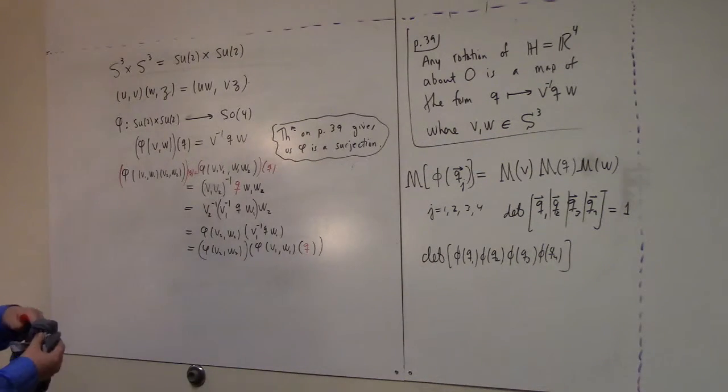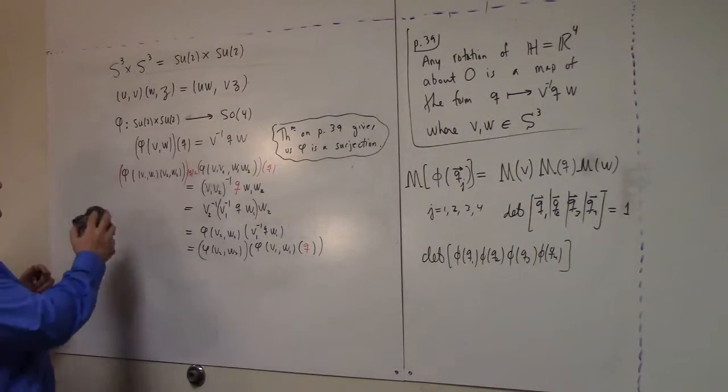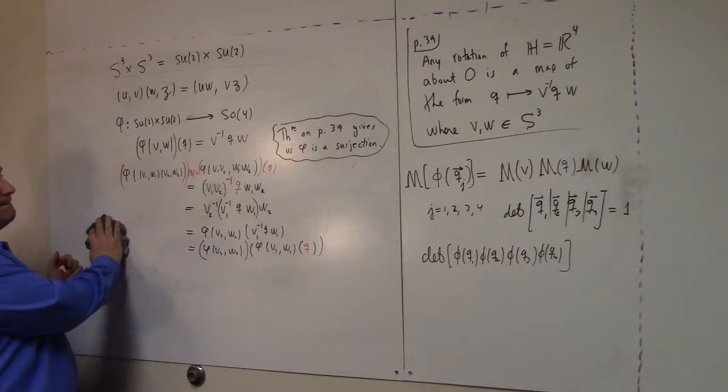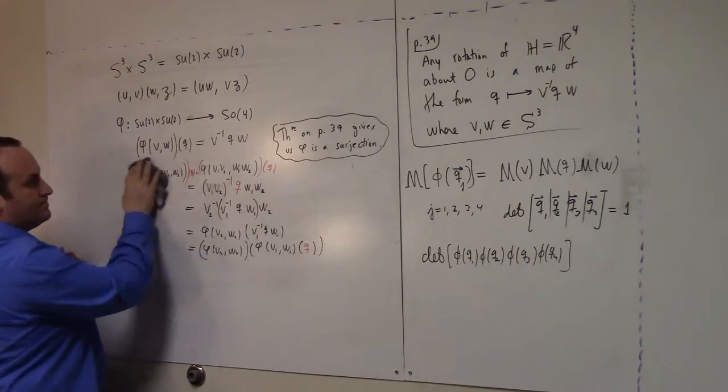All right, so then what? If it's a homomorphism, we can judge the injectivity of it by studying its kernel. If the kernel is just the identity, it's injective. On the other hand, if it's not, well, let's see what happens. So how do we calculate the kernel?